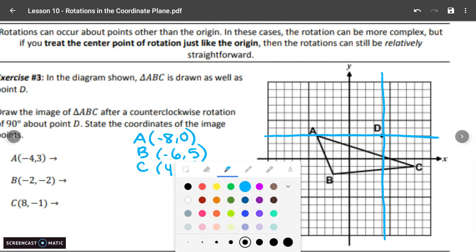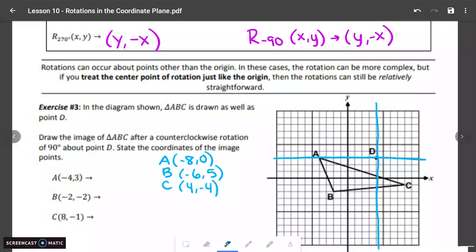What I want us to do here is now that we have like this fake origin intact, we're going to do the counterclockwise rotation to get the A prime, B prime, C prime. So let's rotate 90 degrees: 0, -8. -5, -6, and +4, 4.